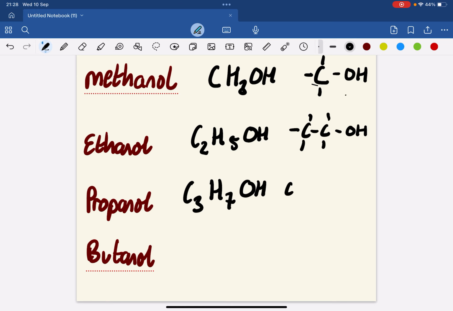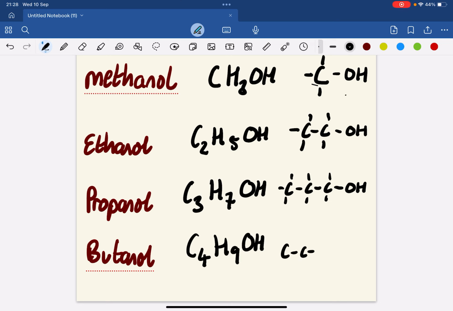So we've got 1, 2, 3, and then 3, 4, 5, 6, 7, OH. Butanol has got 4 carbons, so it will have 9 hydrogens and OH. So 1, 2, 3, 4. And then there's our 9 hydrogens around it.